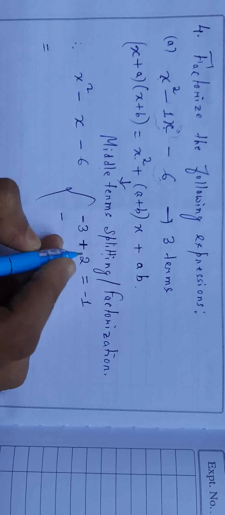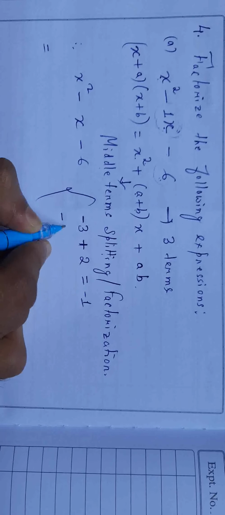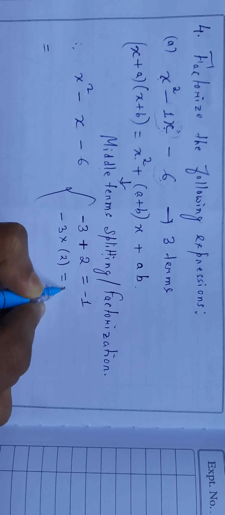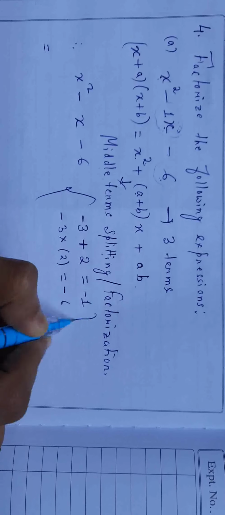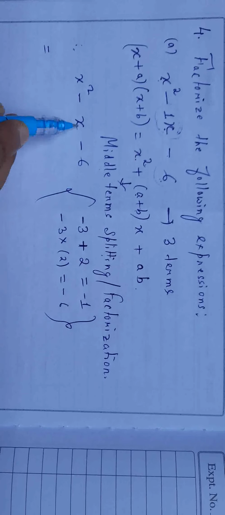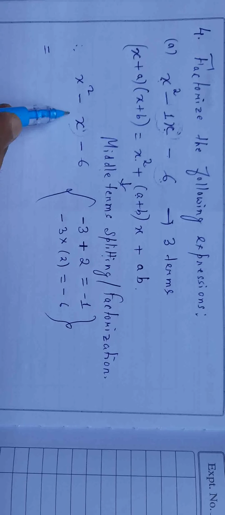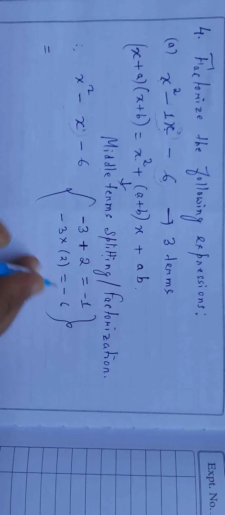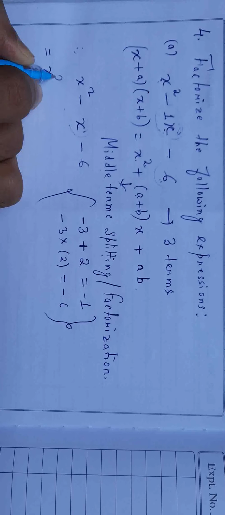Similarly, minus 3 into plus 2, we get minus 6. Therefore, the two numbers we'll take to split the middle term are minus 3 and plus 2.